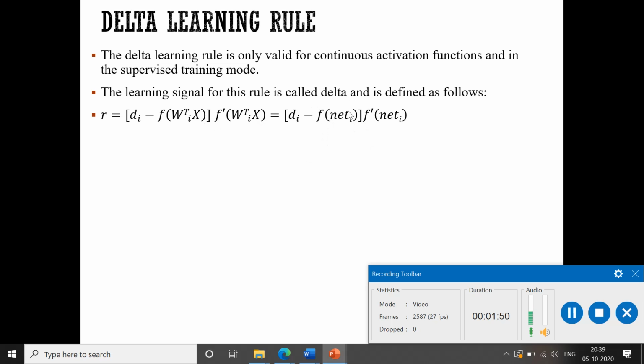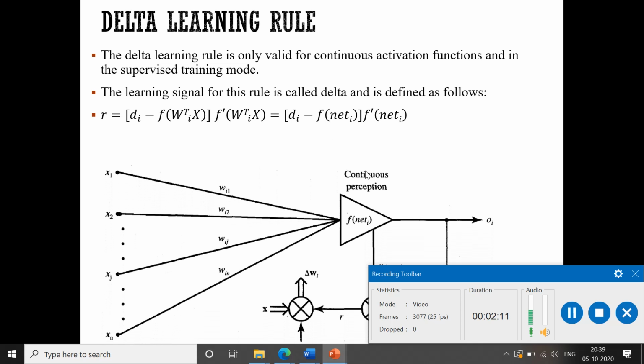Here, as you can see, we take the derivative. I have written it in both forms so that it is clear. That is, wi transpose x is nothing but net. So you have to calculate f of net and then find the derivative of f of net, that is f dash of net.